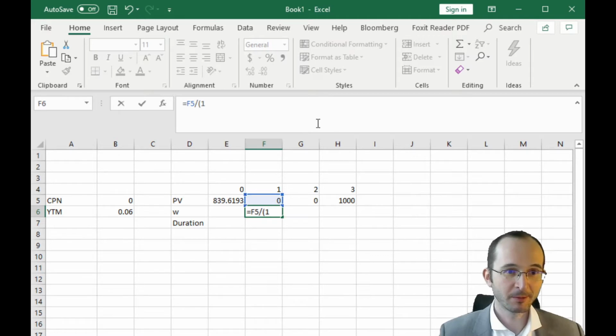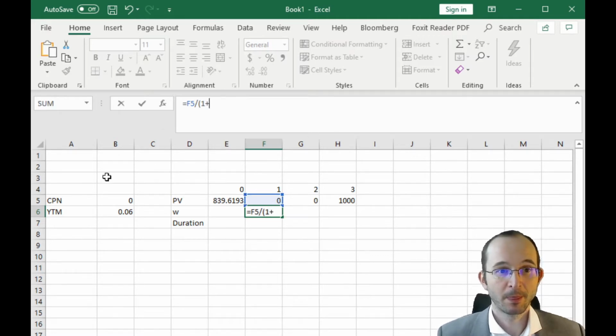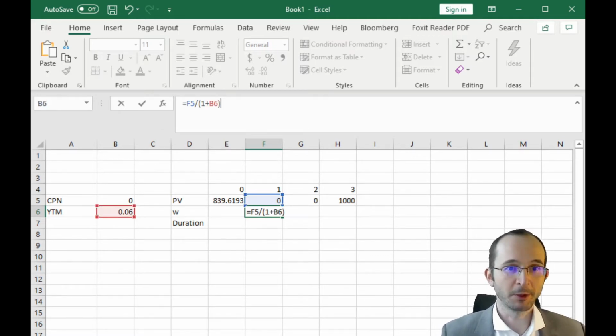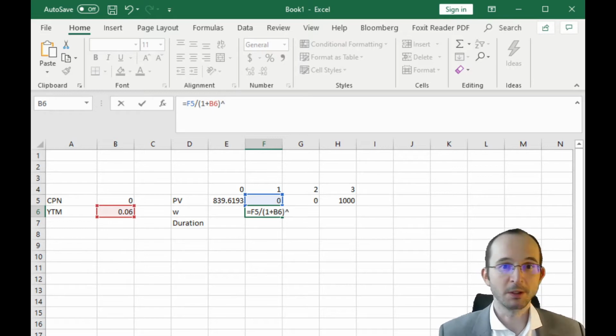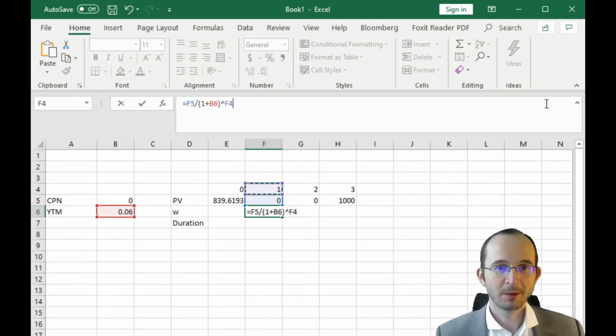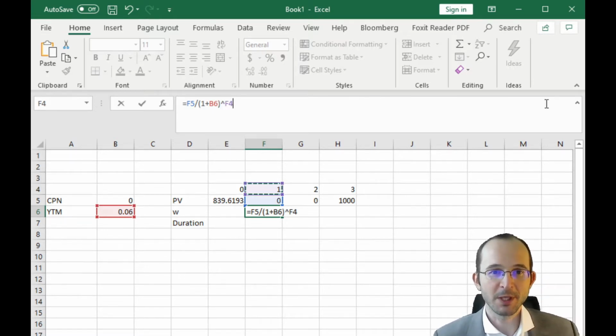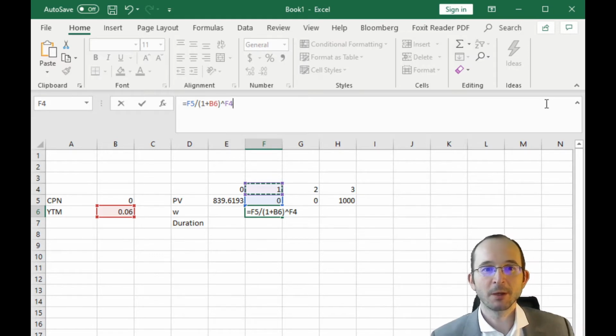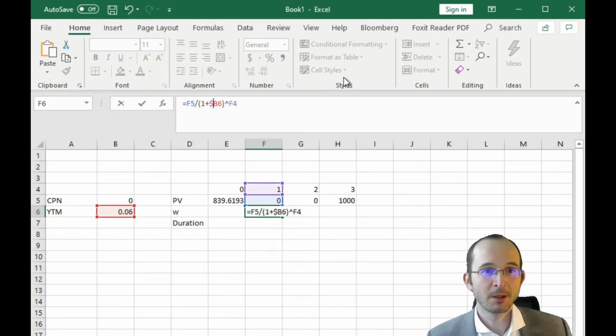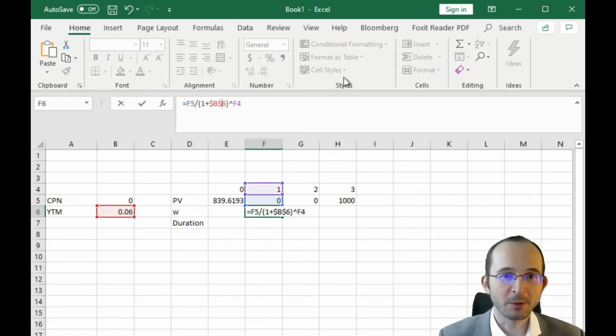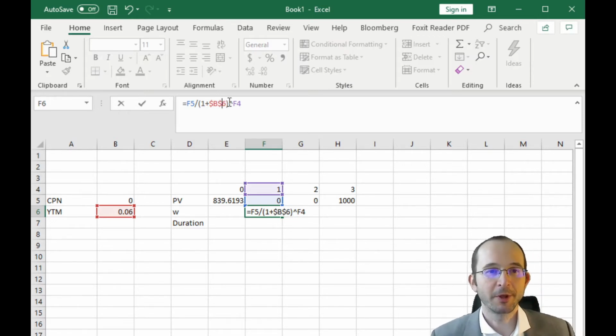Well, we're going to discount it to the number of periods at which the cash flow occurs, at the discount rate. Let's make this a static reference so that we can drag the whole thing out.